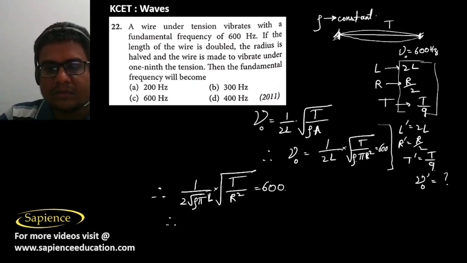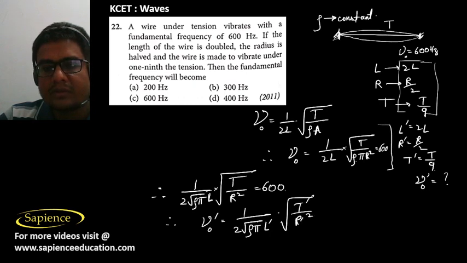So now we have to find nu naught dash, that is equal to 1 by 2 root rho pi into L dash into root over T dash by R dash square.